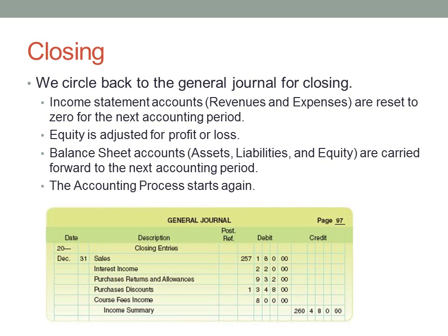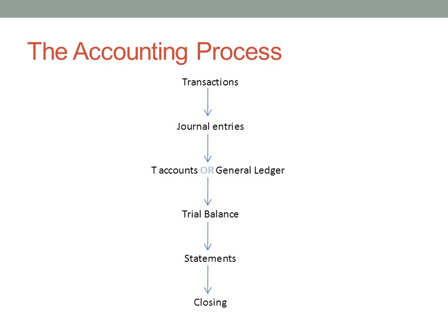Once we close the accounting period, we start all over again with recording transactions and going through the whole process. So we start with transactions, we do our journal entries, we combine these or summarize these into either T accounts or a general ledger. We create a trial balance based on our calculations from the T accounts or the general ledger.